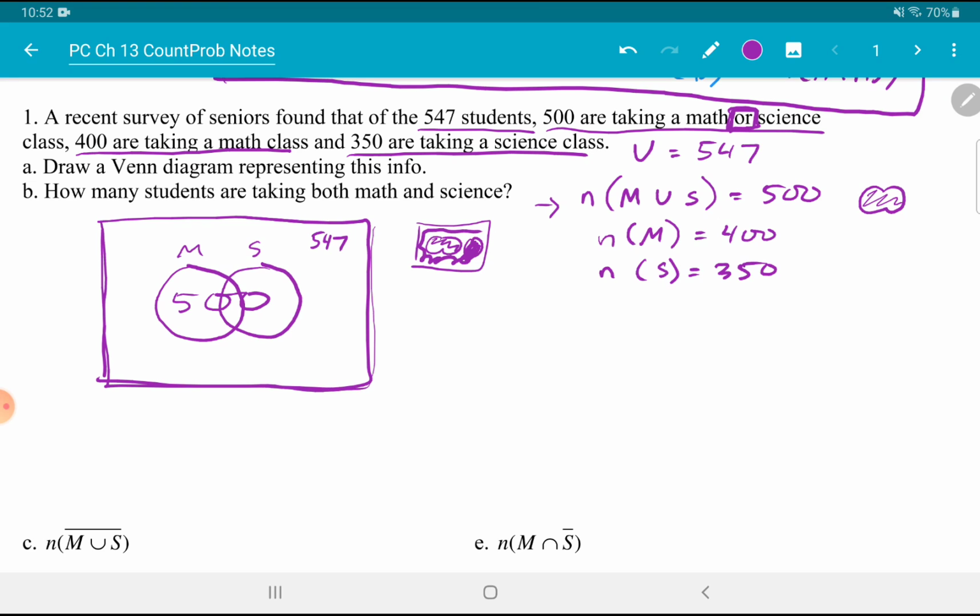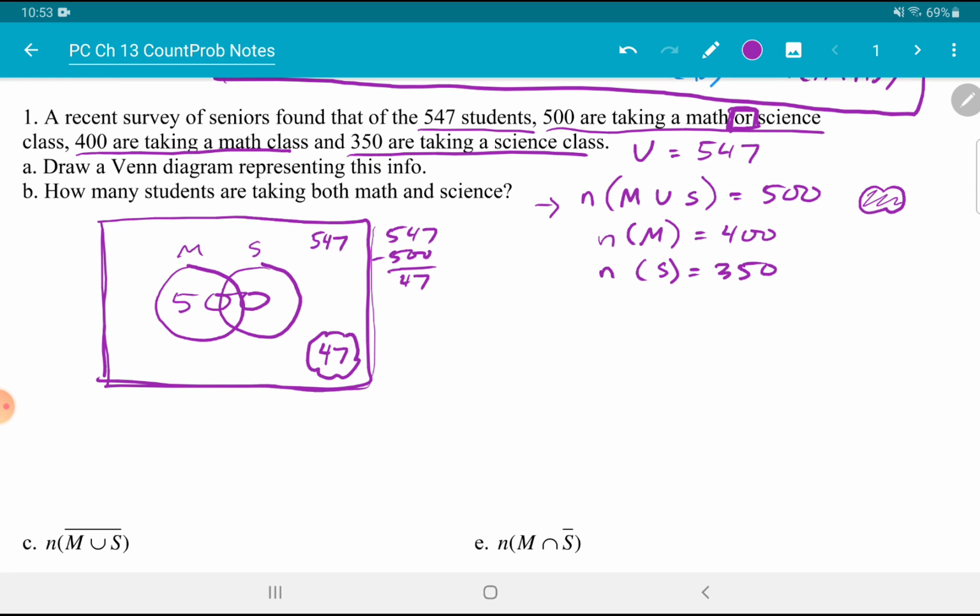So we can do a little bit of simple math: 547, subtract the 500 that is math or science, and we'll get the remainder. So outside of our circles, there are actually 47 students who are not taking math or science. Okay, so that can be some helpful information later on.